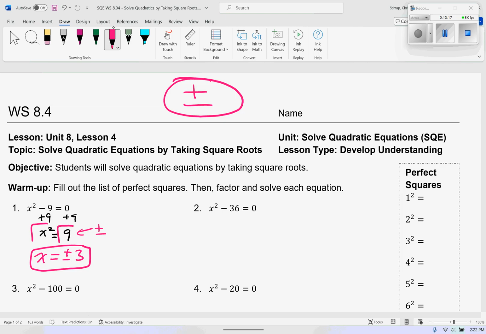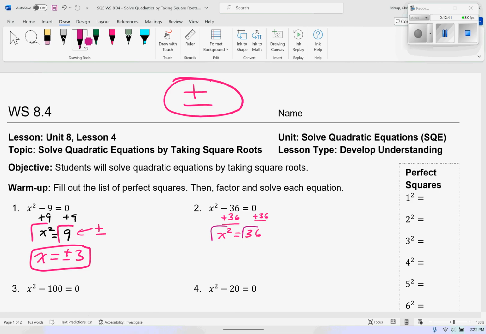All right, ready? So talk it slow. Add 36 to both sides. Agree? You agree with that? I'm going to take the square root of both sides. What always goes with the number side if I take a square root of both sides?